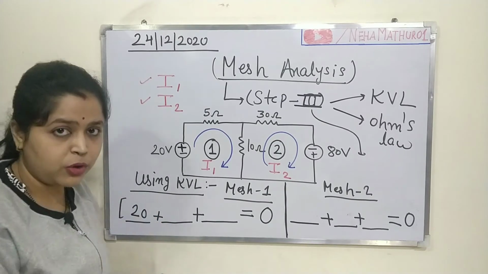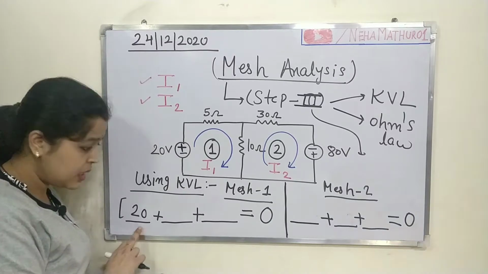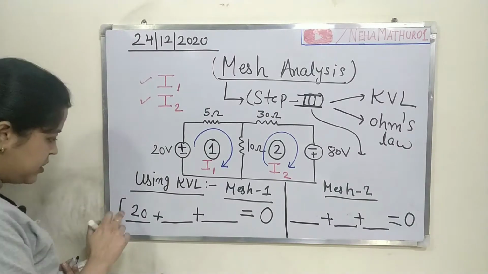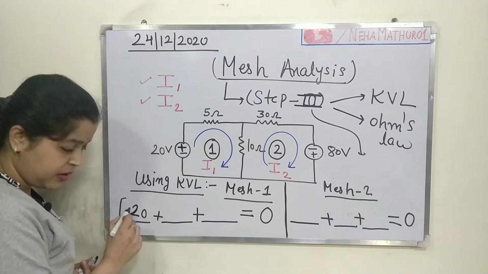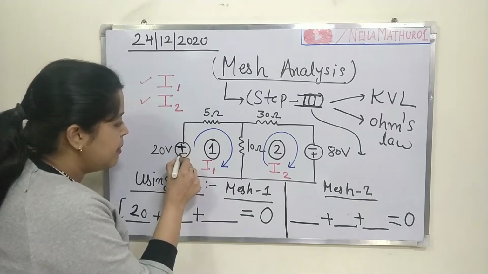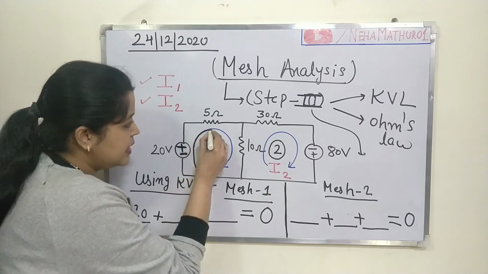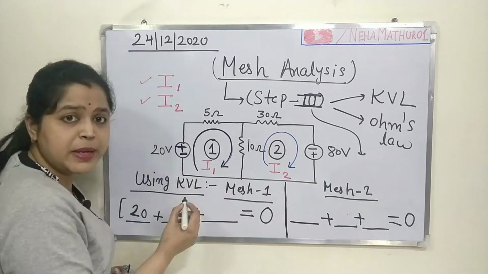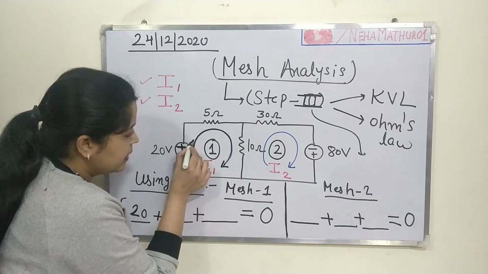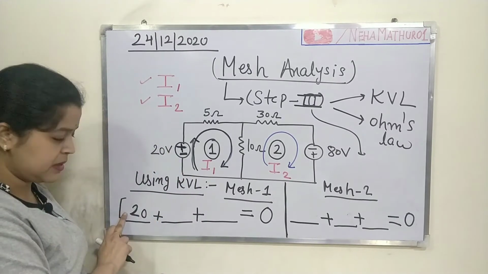It is itself in terms of voltage, so 20 volt. Now what about the sign of this voltage? Will it be positive or negative? It depends on the symbol mentioned over here. Since you are traveling in this direction, during the journey the second symbol of this battery is plus. So it will be plus.